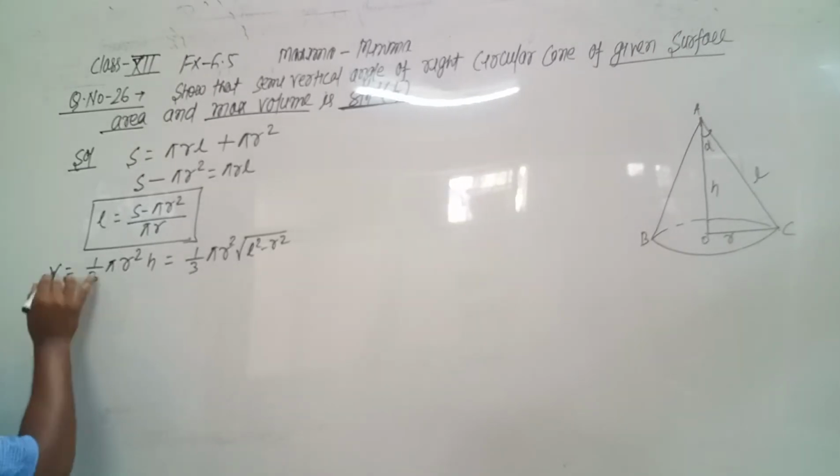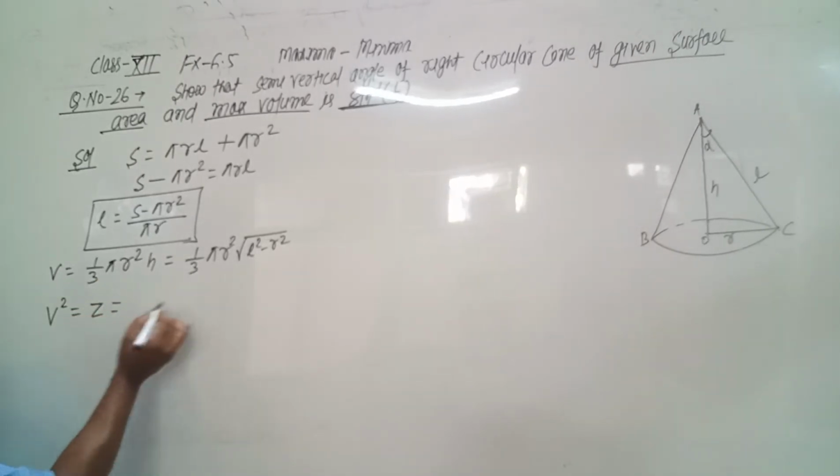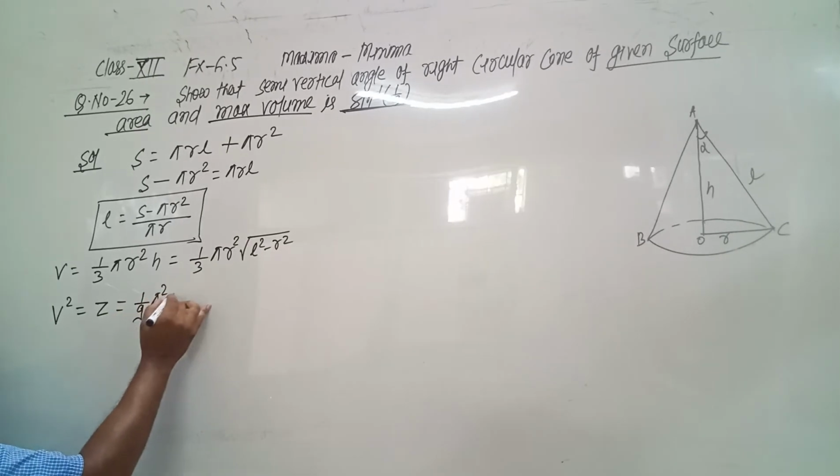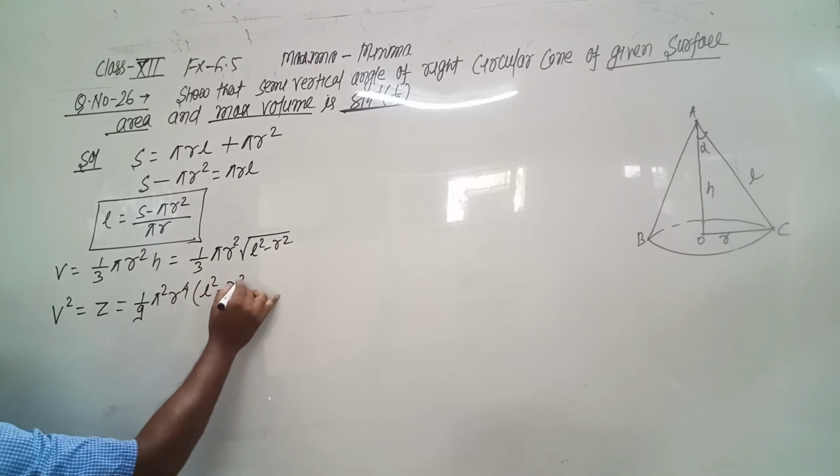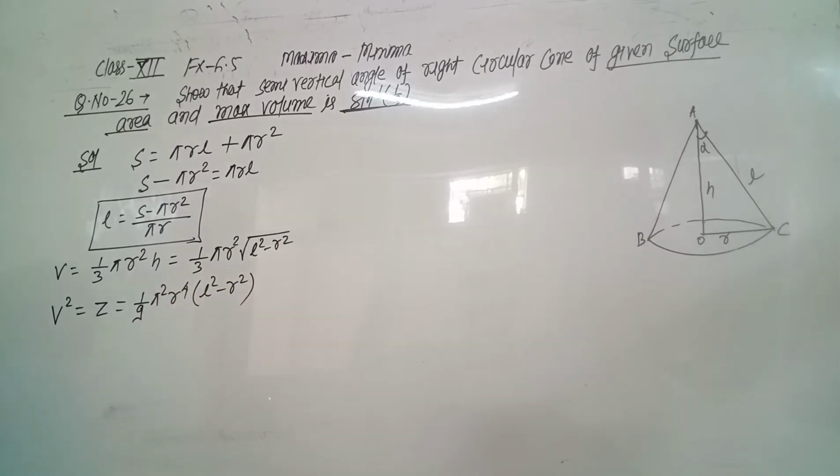Let V square equal Z. Then Z equals 1/9 pi square r raised to the power 4 into (L square minus r square).